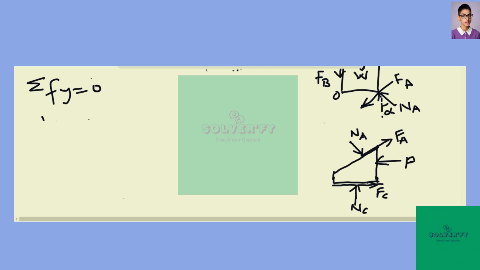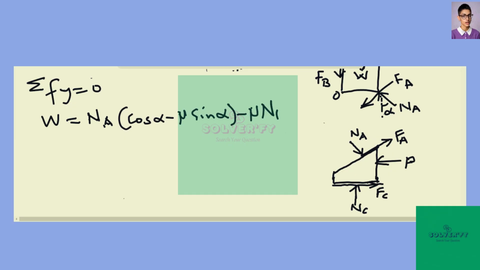We are going to arrive at W is equal to NA, the normal reaction at A, cos alpha minus the coefficient of static friction, sine alpha, minus mu, the coefficient of static friction, and the normal reaction at B. You can call this equation 1.